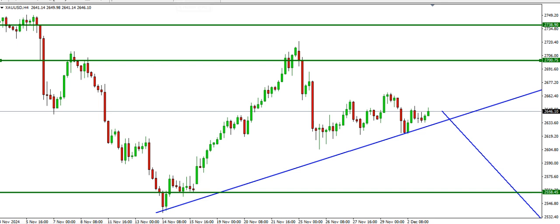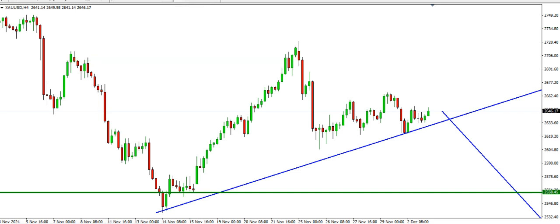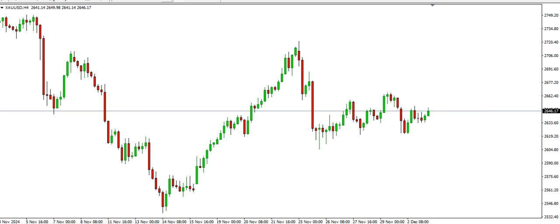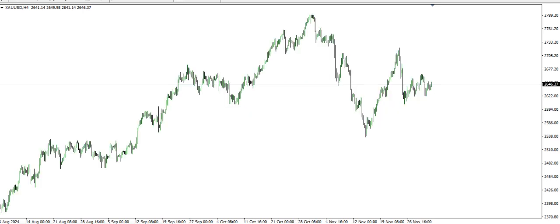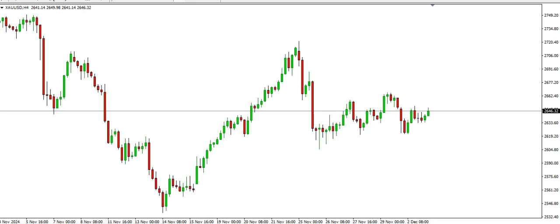Let's quickly look at the 4-hour time frame. On the 4-hour time frame, price is ranging as well. We have a high, a low, lower high, lower low, lower high, lower low.